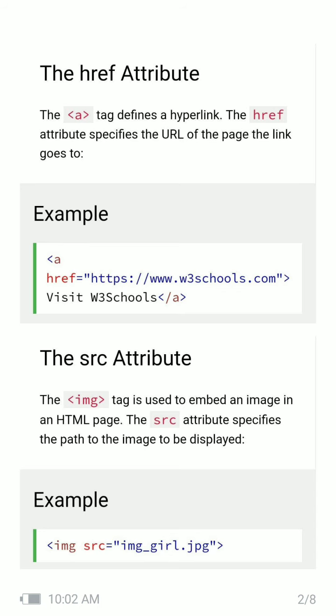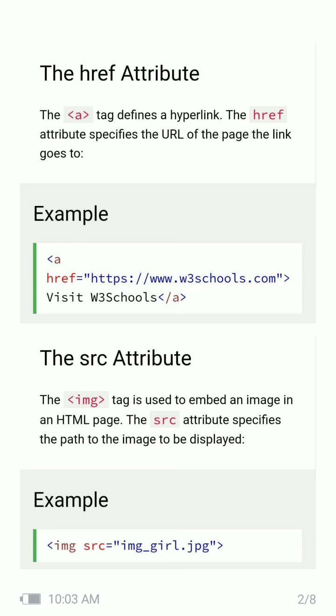You can give any external link or any file to that link. Not only an HTML file, any document file or any video file or any image file, you can give it as a link here. Next is the image tag. img is the image tag, which is used to embed an image in your web page.